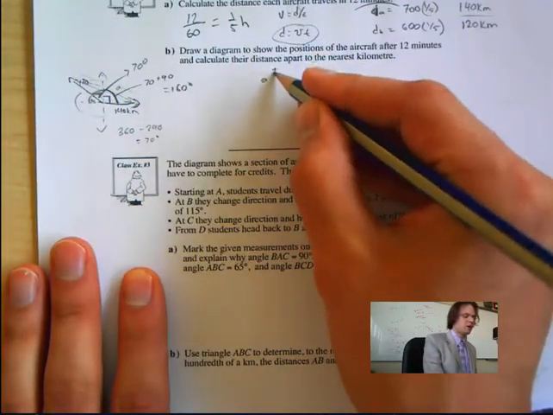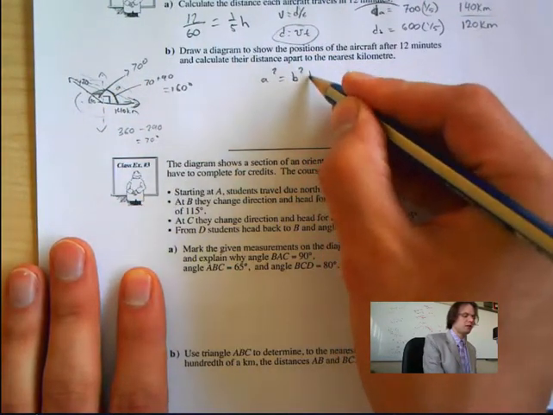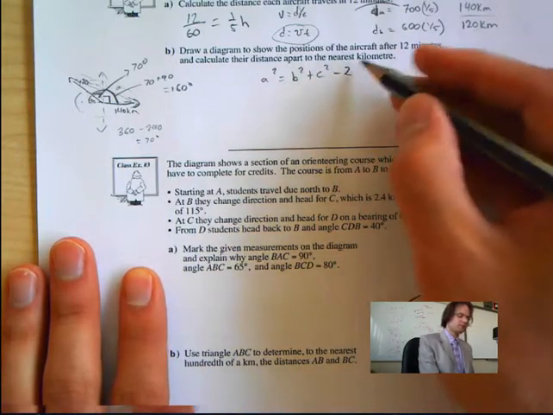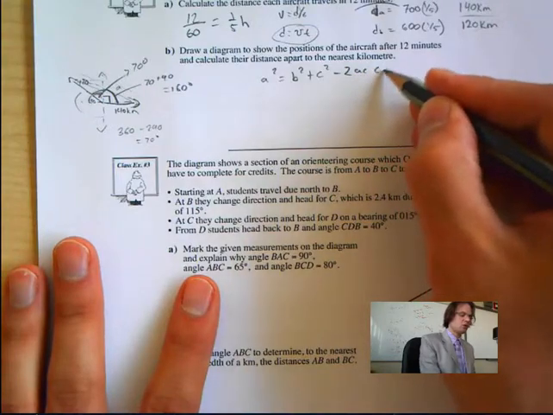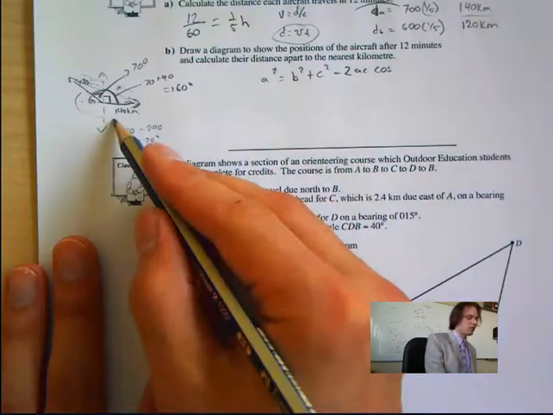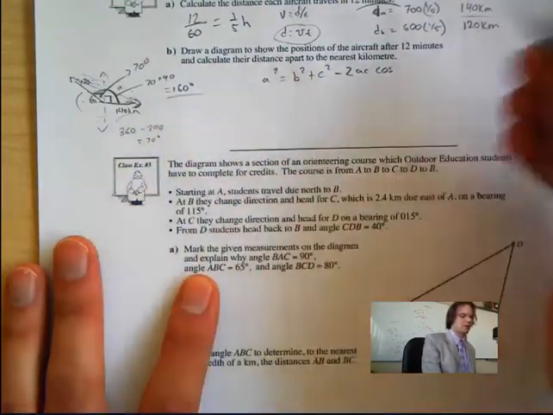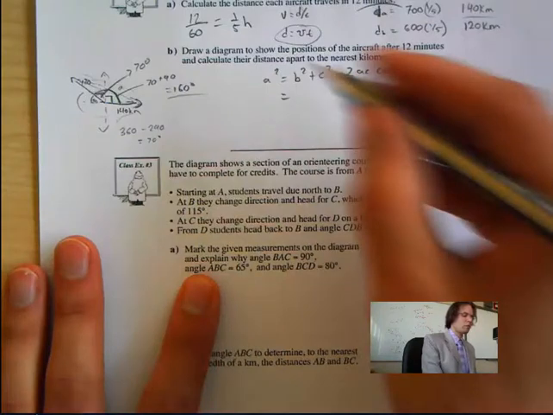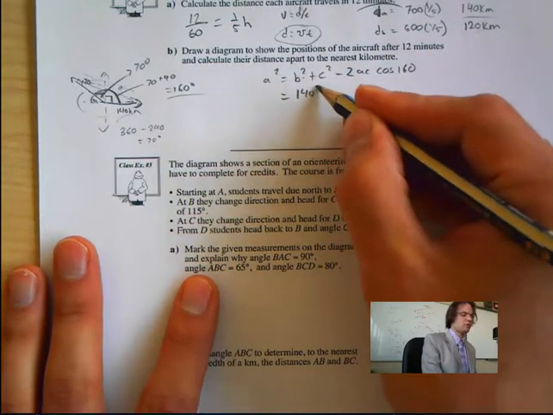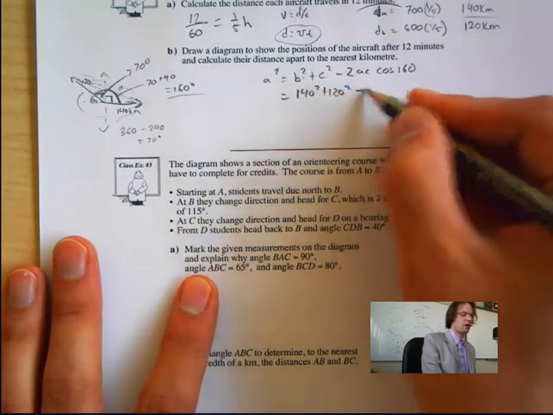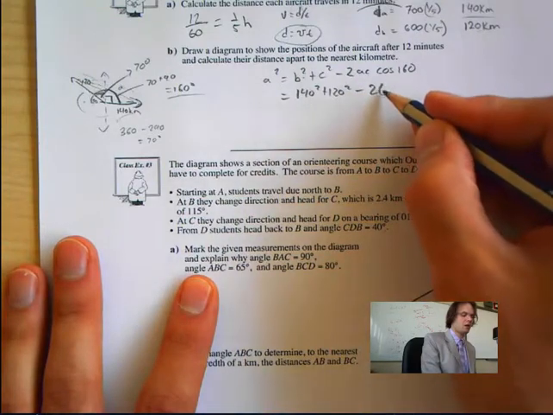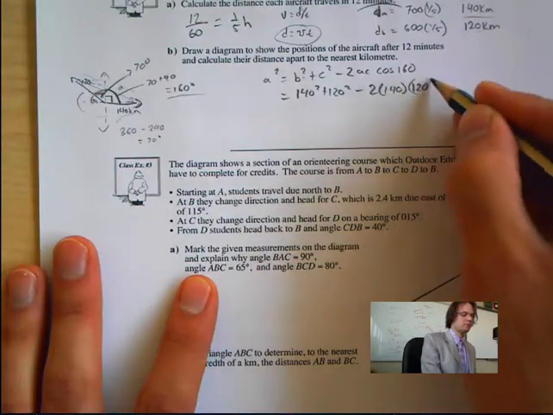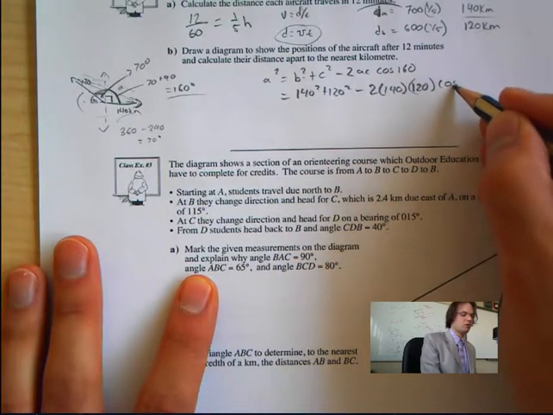So a squared is equal to b squared plus c squared minus 2bc cos A, and my angle here is 160 degrees. So a squared is 140 squared plus 120 squared minus 2 multiplied by 140 multiplied by 120, and we have cos 160.